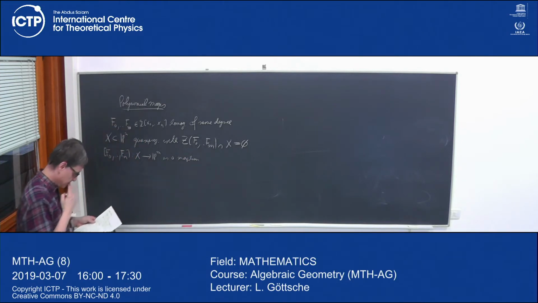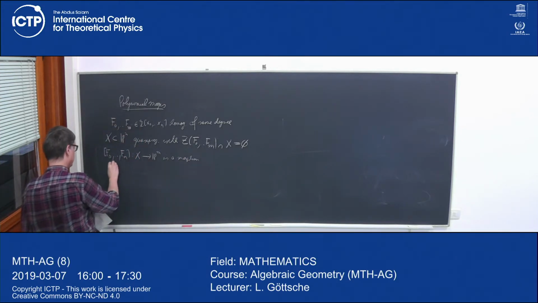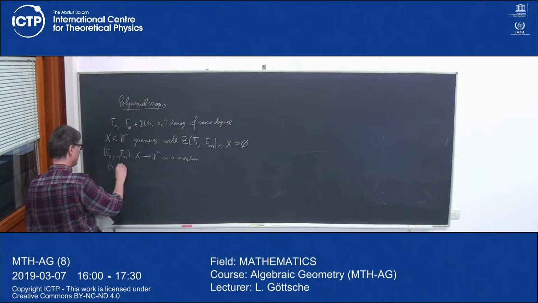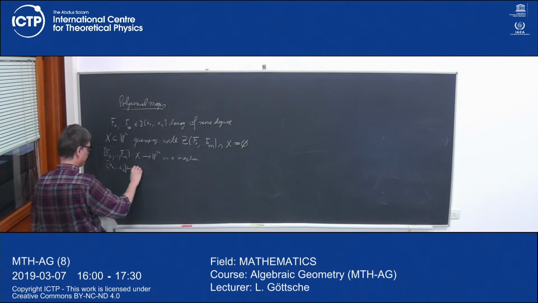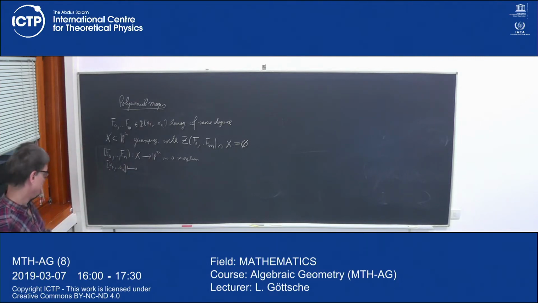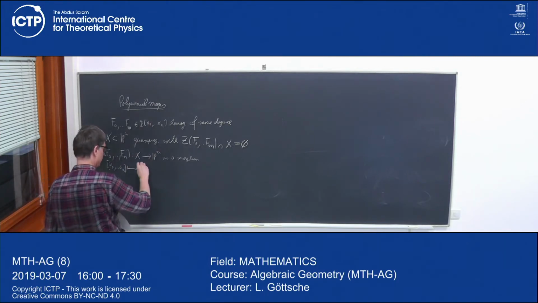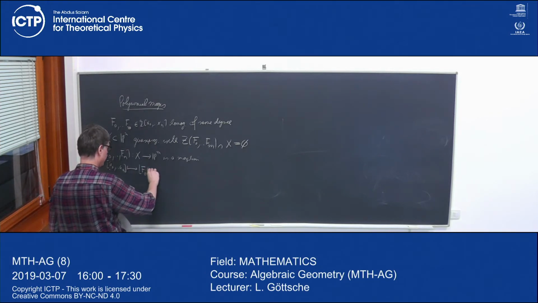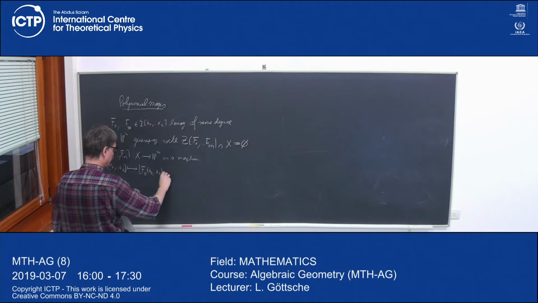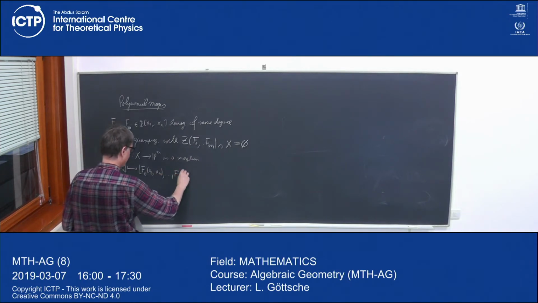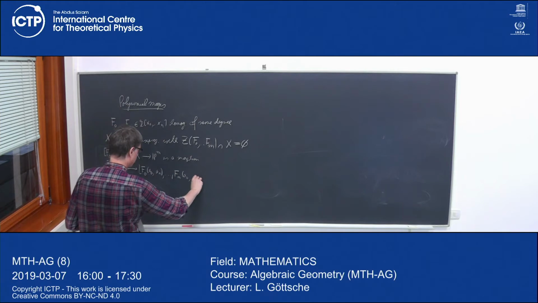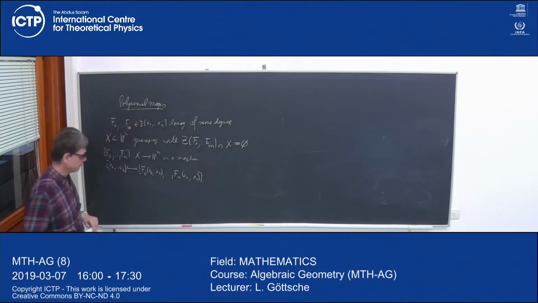Where the map is just the usual one that sends a point (a0, ..., an) in projective space to (f0(a0, ..., an), f1(a0, ..., an), and so on). So this we saw the last time.